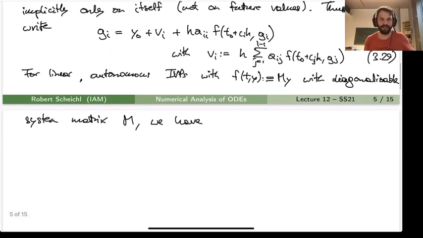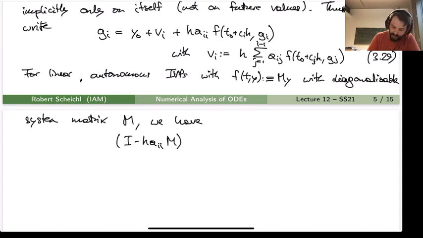I show this just so that you see the simple linear case first, and then I'll do the proof for the full general case. So identity minus h a_ii M, g_i is equal to y0 plus v_i.